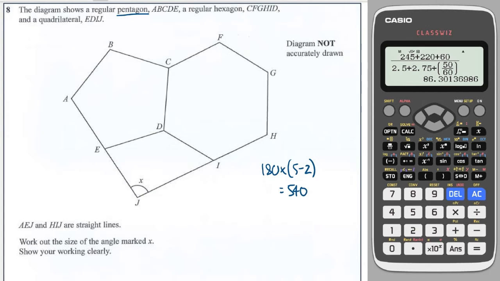So divide that by 5, and it means that each of these are 108. Okay, we can do the same for a hexagon. A hexagon is 180 times 6 minus 2, which is 720. Divide that by 6, the number of sides, and that tells me that each angle is 120.